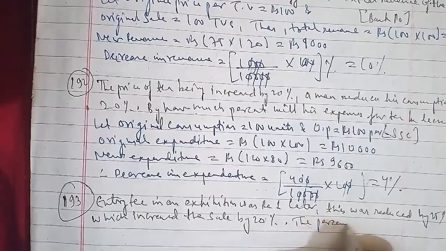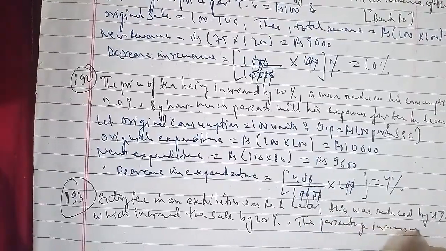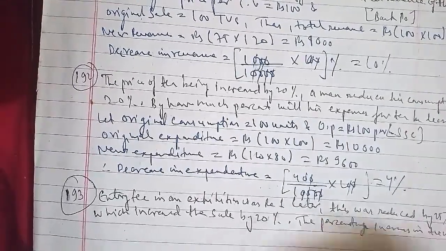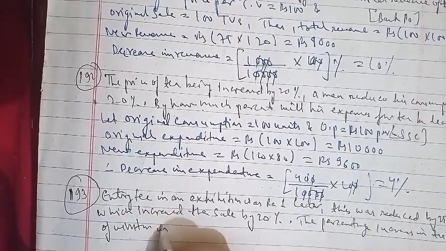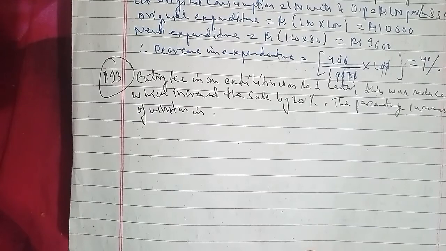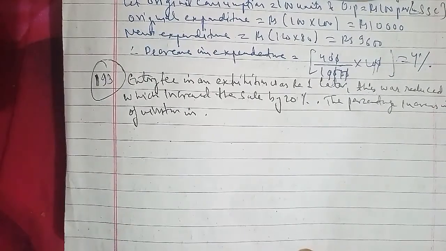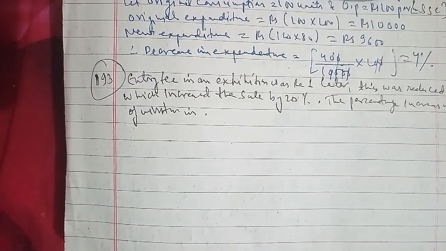So the percentage increase in the number of visitors is, for which we have the options 54, 57, 60 and 66. So we go ahead for the solution here.